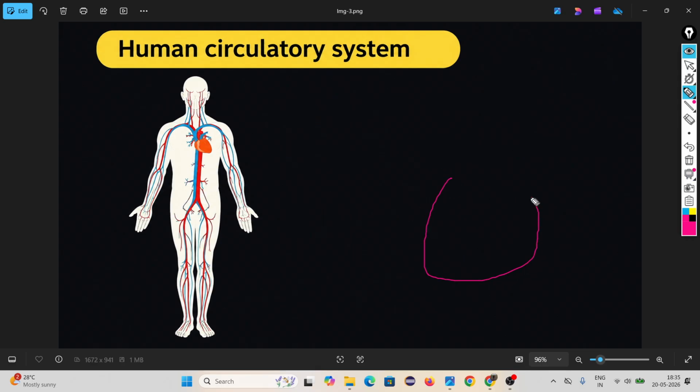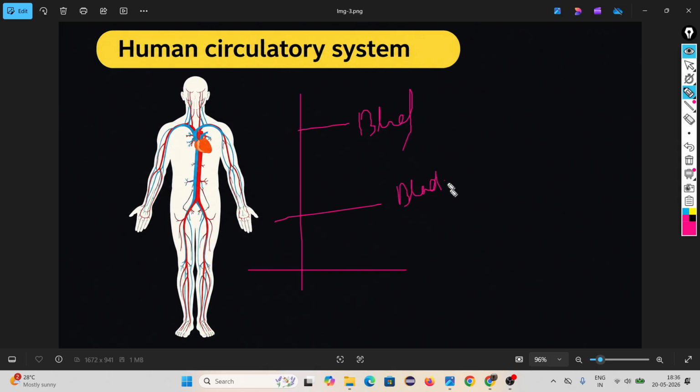The human circulatory system consists of three things. One is blood, second is blood vessels, and third is the heart. Blood is a red color fluid connective tissue. A blood vessel is like a pipe through which blood is flowing. And the heart is an organ inside the human body, useful for pumping the blood. So the human circulatory system consists of three things: blood, blood vessels, and the heart.